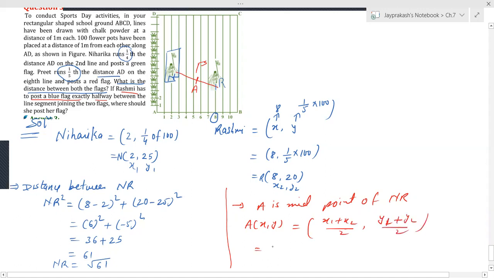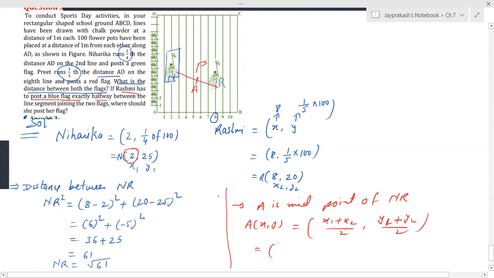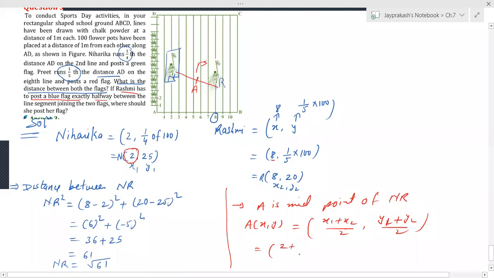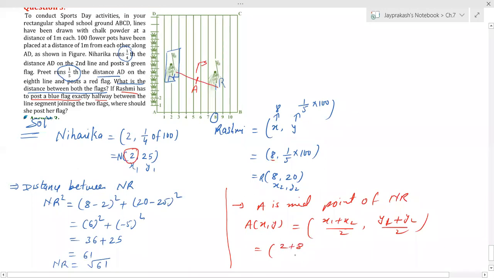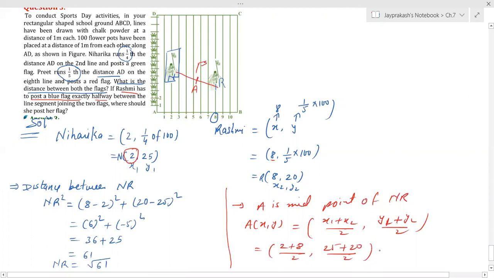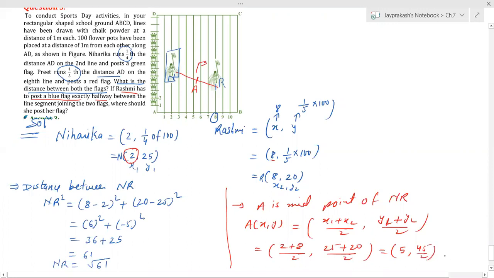Now write the coordinate. X1 of the Niharika is 2, Rasmi is 8, by 2 comma 25 plus 20 by 2. This one is 45 by 2.